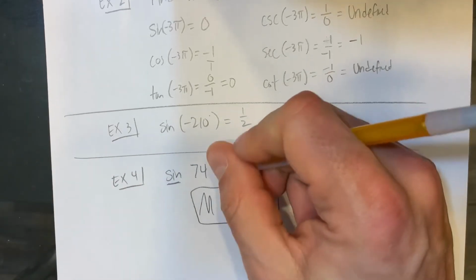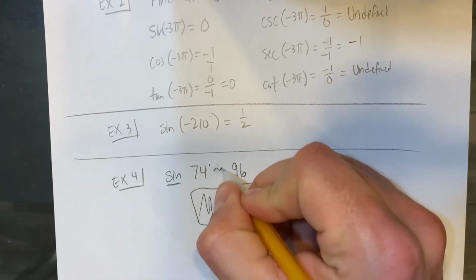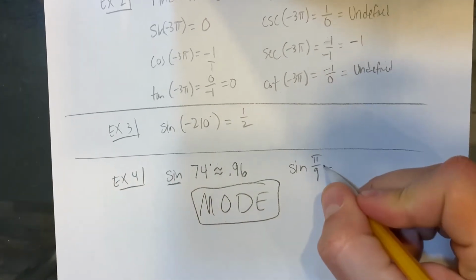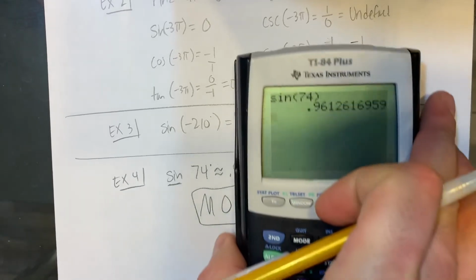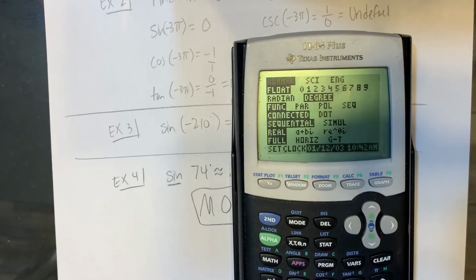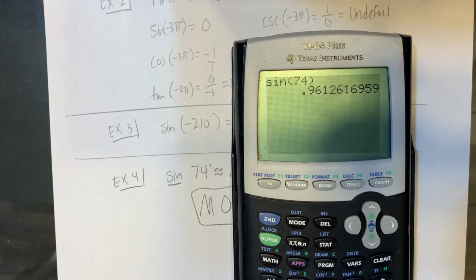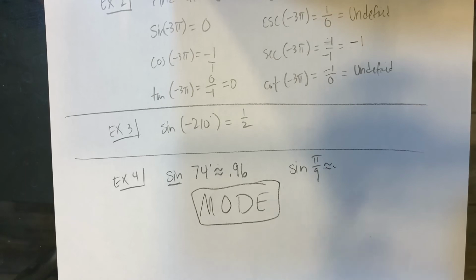I guess technically we need an approximately equal to symbol, which is like that. And for sine of pi over 9, I need to go to my mode and change it to radian because I'm doing sine, cosine, or tangent in the calculator, and that's going to be sine of second caret over 9. There's sine pi over 9, which is 0.34.